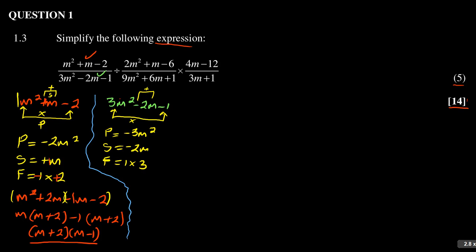And if I come to look now at the signs, the product is negative, means one of the factors must be negative, and the sum is negative, means the bigger number must be negative and the smaller number must be positive.